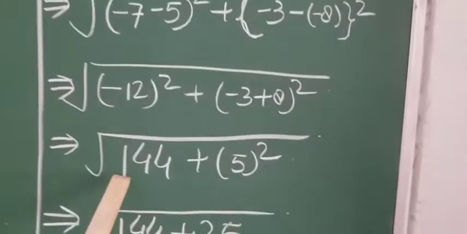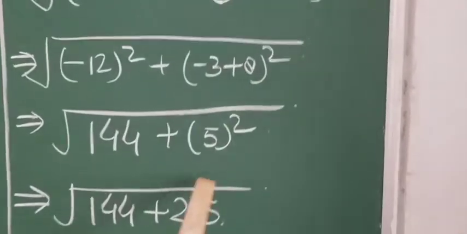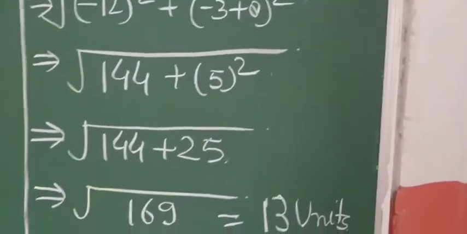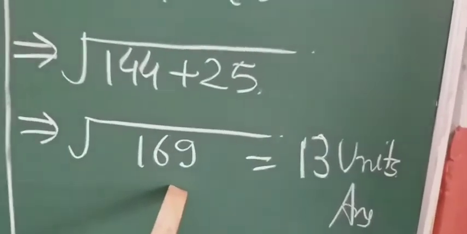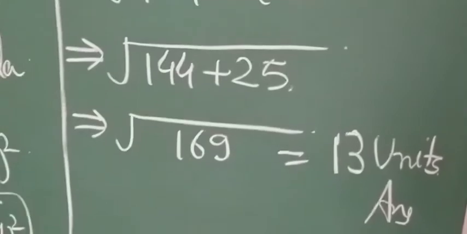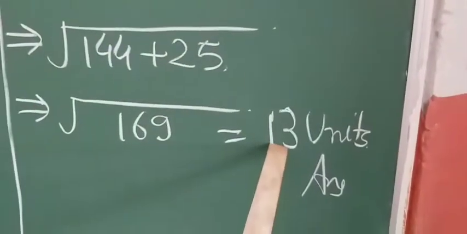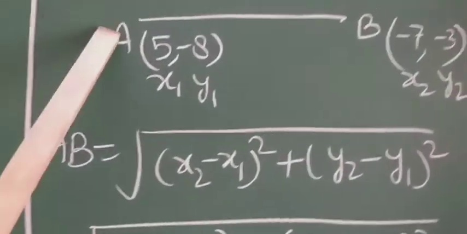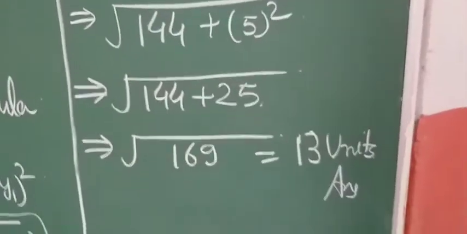Minus 12 whole square is 144 and it is 5 square, 25. 144 plus 25 is 169, root 169, and the root of 169 is 13. Okay students, so the distance between A and B is 13 units. Okay then students.